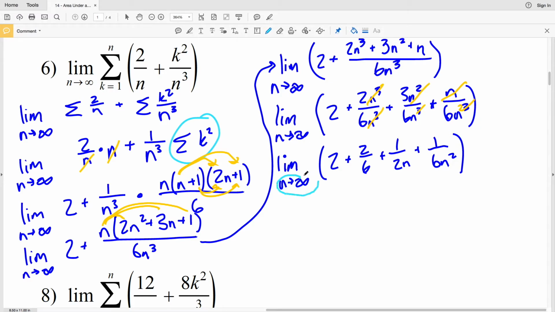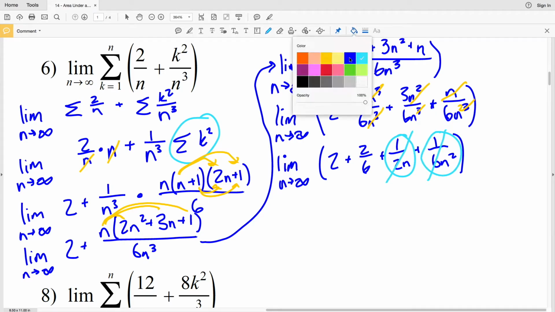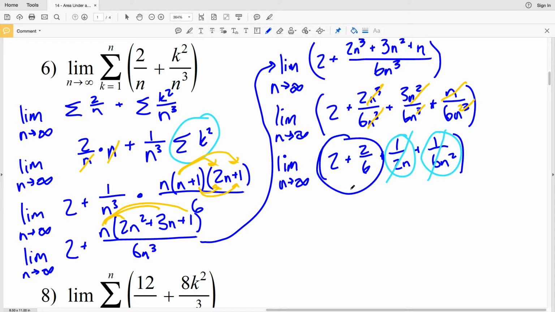Now as n approaches infinity, 1 over 2n approaches 0, and 1 over 6n squared approaches 0. So I'm only looking at 2 plus 2 over 6, which is a constant. So 2 plus 2 over 6, I'm going to write this over the same denominator.